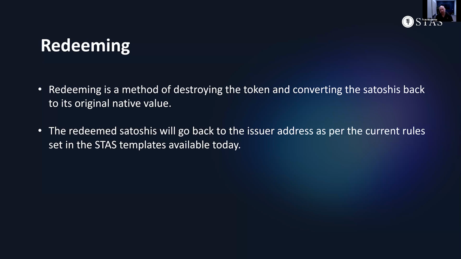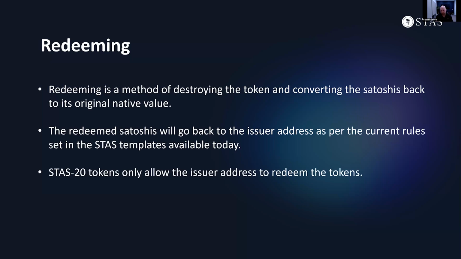So that's the default for all the tokens today, but it doesn't mean that future templates will all be the same. It really comes down to demand. If the engineers get a lot of demand for a token that can be destroyed and then redeemed to the owner, this would also be created as a template, maybe with some additional features. But at the moment, all the redemptions go back to the issuer address.